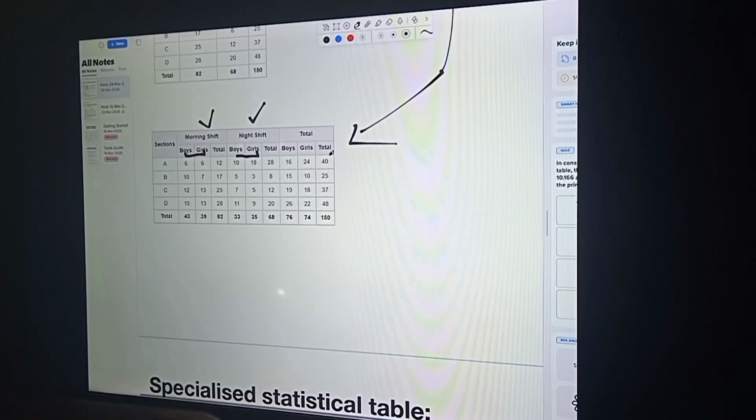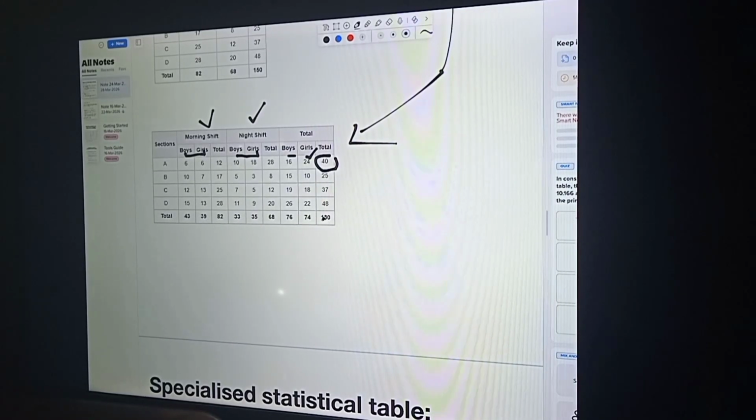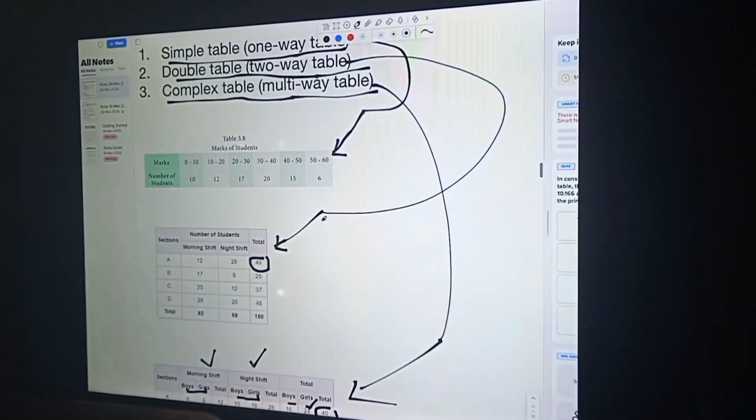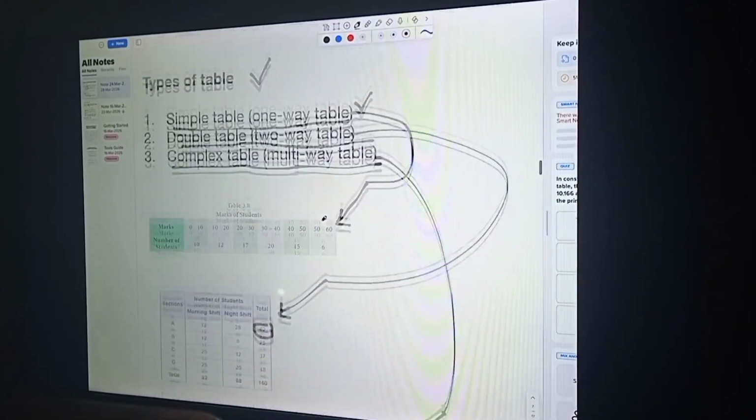Total students are 40, in which 24 are girls and 16 are boys. The morning shift has 6 boys and the evening shift has 10 boys, and the morning shift has 6 girls and the evening shift has 18 girls. So 6 plus 18 makes 24 and 6 plus 10 makes 16. So this is all about tables and their types.